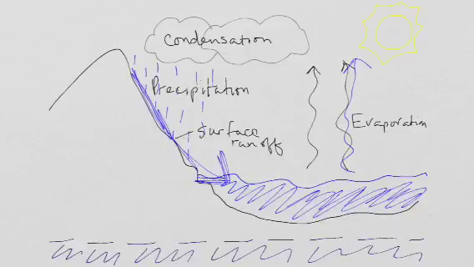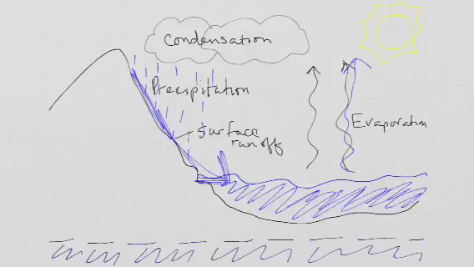When we talk about precipitation that gets absorbed into the ground, the more trees you have on the ground, the less surface runoff you will have because the roots will want to suck up the water.